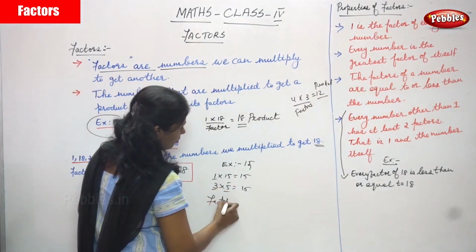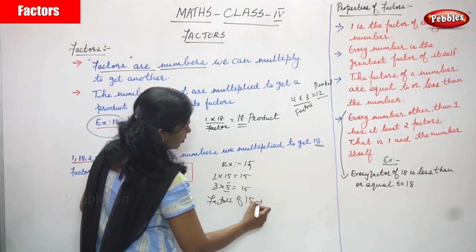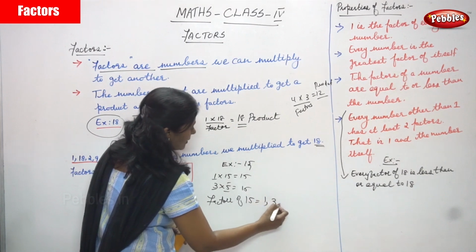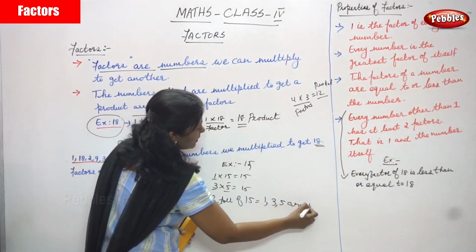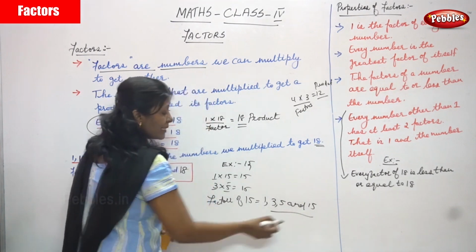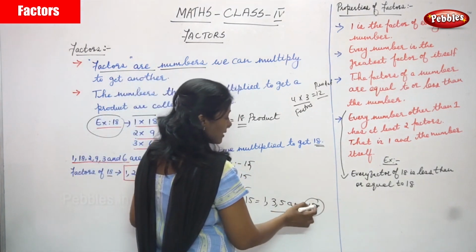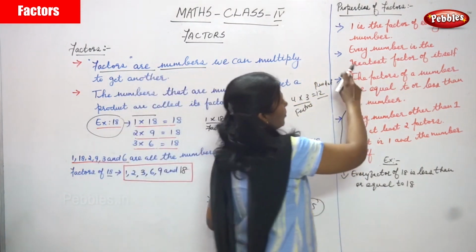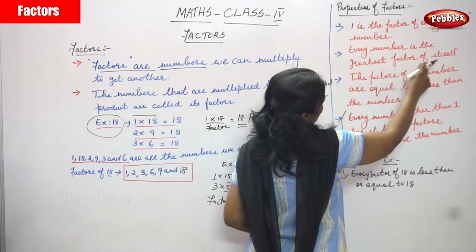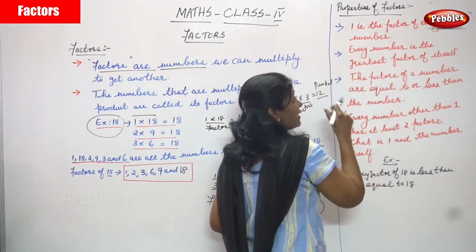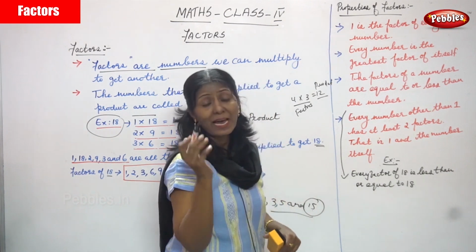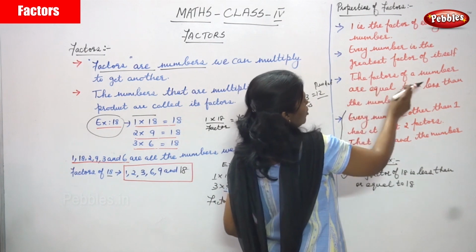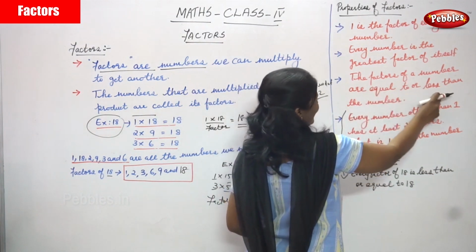Factors of 15 equal 1 comma 3 comma 5 comma 15. This number is the greatest number, the same number itself as a factor. That is what is given in the property: every number is the greatest factor of itself. Whatever number is given, that number is the greatest factor of itself.